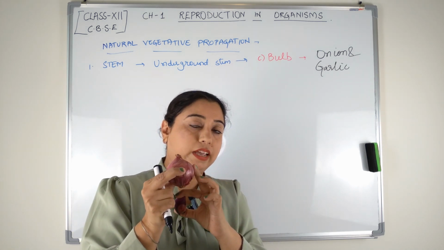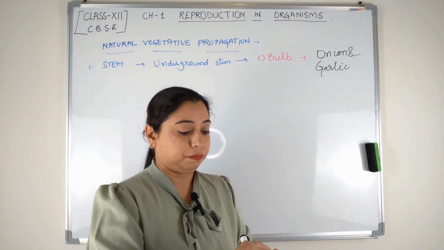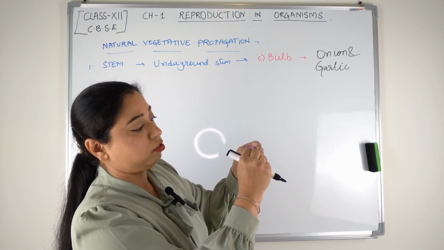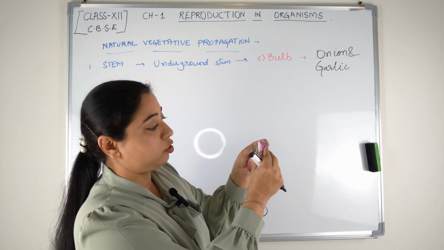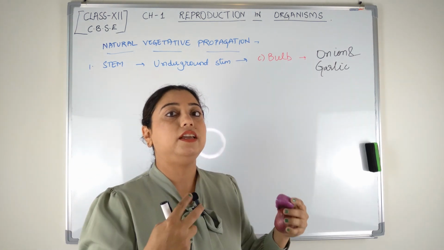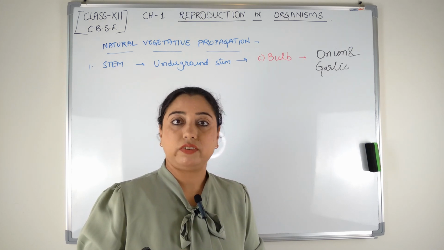This papery covering is known as tunica. If I remove tunica, I'll be able to see layers of fleshy structures. These fleshy structures which we eat are scaly leaves or fleshy leaves, right?